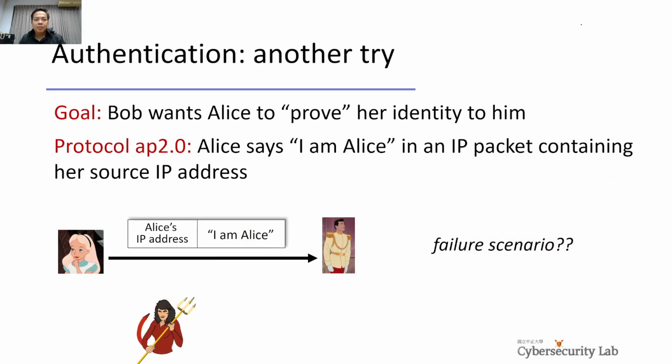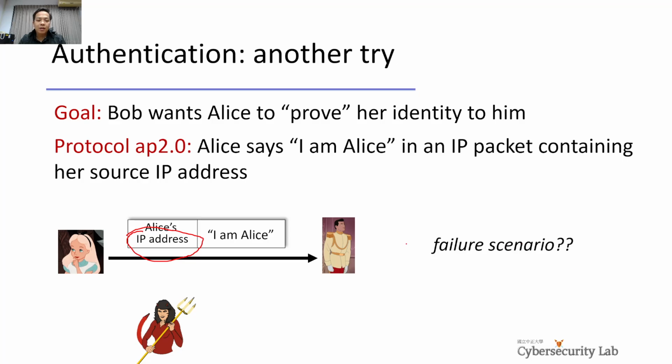In another case, if Bob wants Alice to prove her identity, Alice can say, I am Alice, in an IP packet with the source IP, similar to inserting her home address: I'm Alice from Mingsong township.